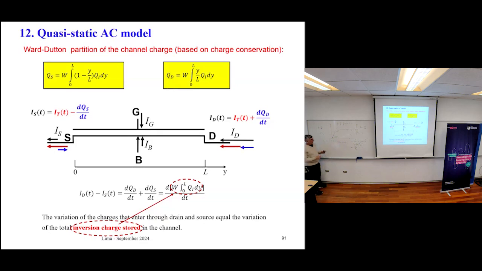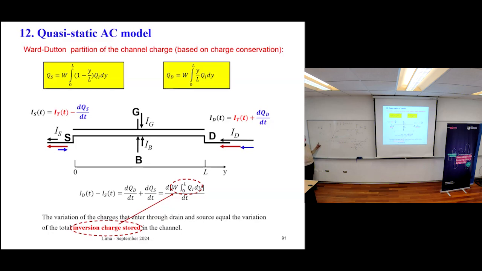So what's this? The integral from source to drain of Qi dy. This is the whole charge associated with the transistor channel. Maybe a W is missing here.